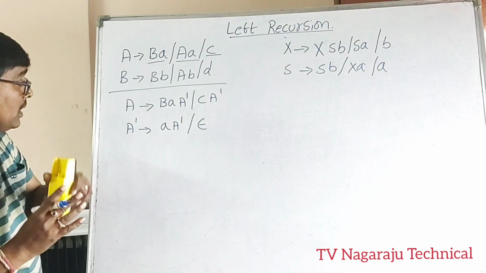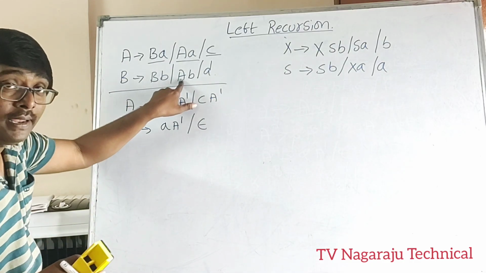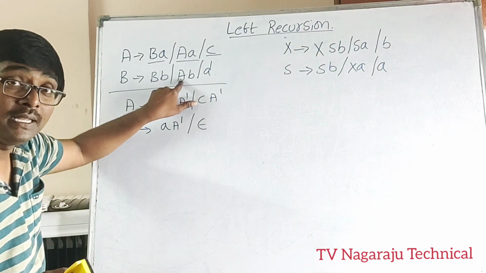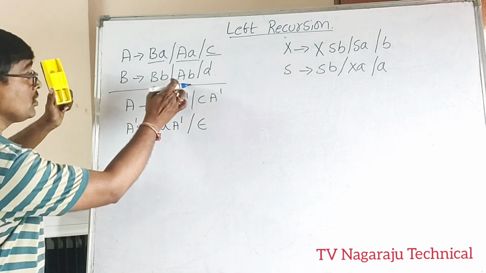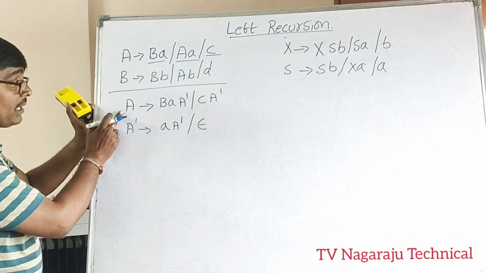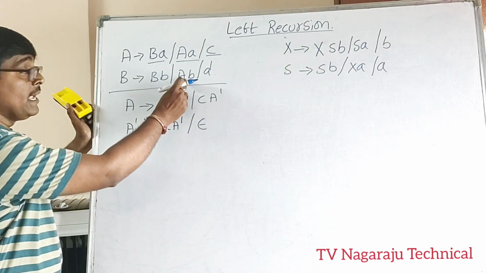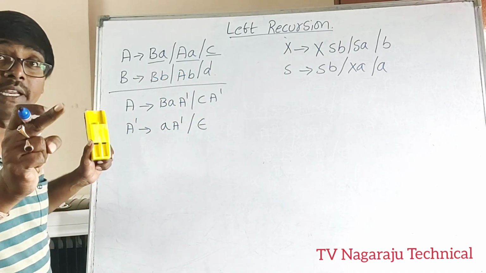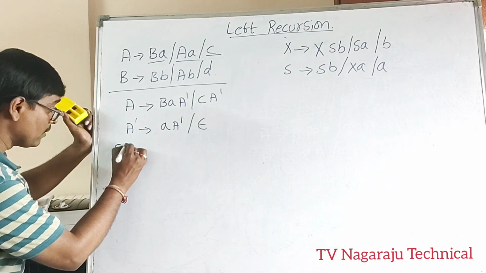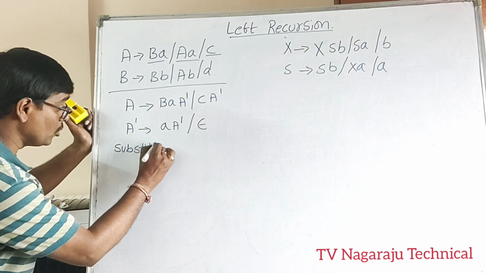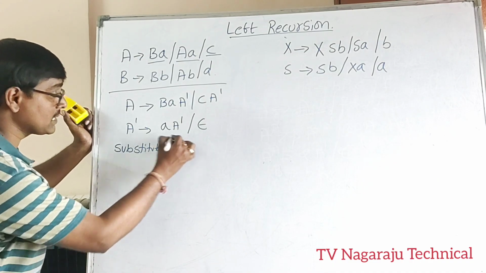Now coming to this B tends to B, AB. If you understand carefully, capital A, the first symbol, is a non-terminal. What are the productions of capital A? These are the productions. By substituting this one, again this also becomes recursive. Now I will show you for understanding. Substitute A productions.